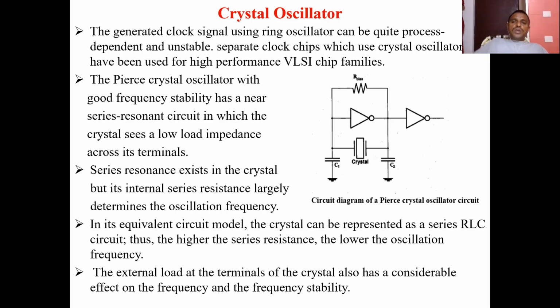The internal series resistance of this crystal oscillator is very important because it determines the clock signal frequency. In its equivalent circuit model, the crystal can be represented as a series RLC circuit. Thus, the higher the series resistance, the lower the oscillation frequency. That's why we have to keep maintaining this series resistance.